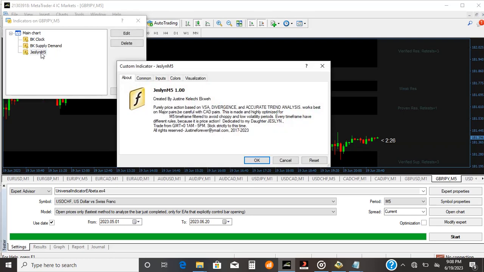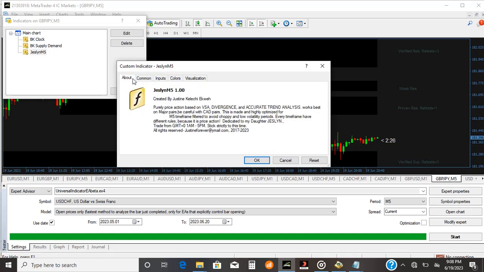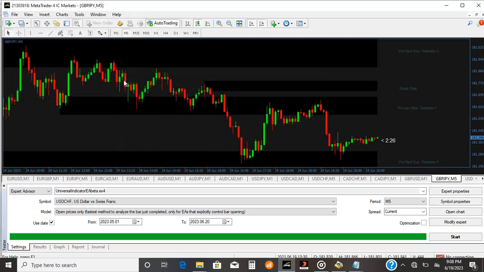So this is what it looks like, the 5 minutes indicator. We are going to apply it to our 5 minutes time frame. It is purely based on price action.